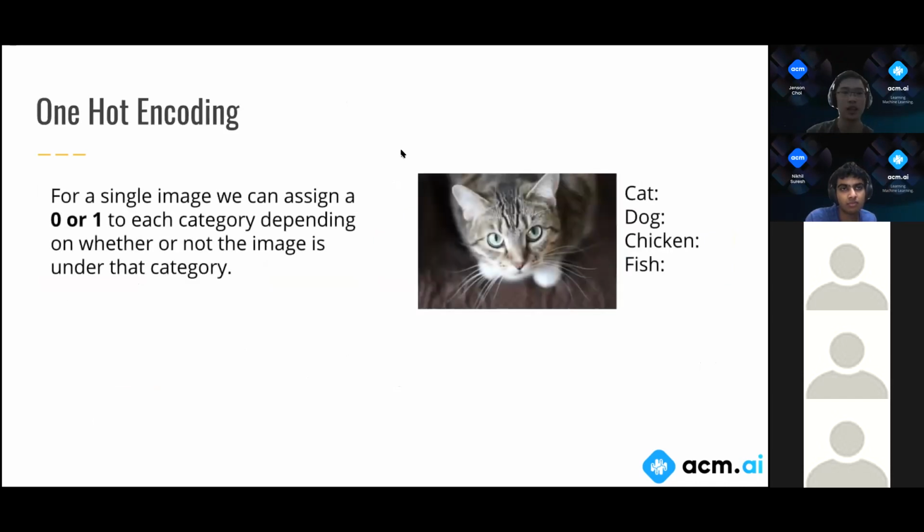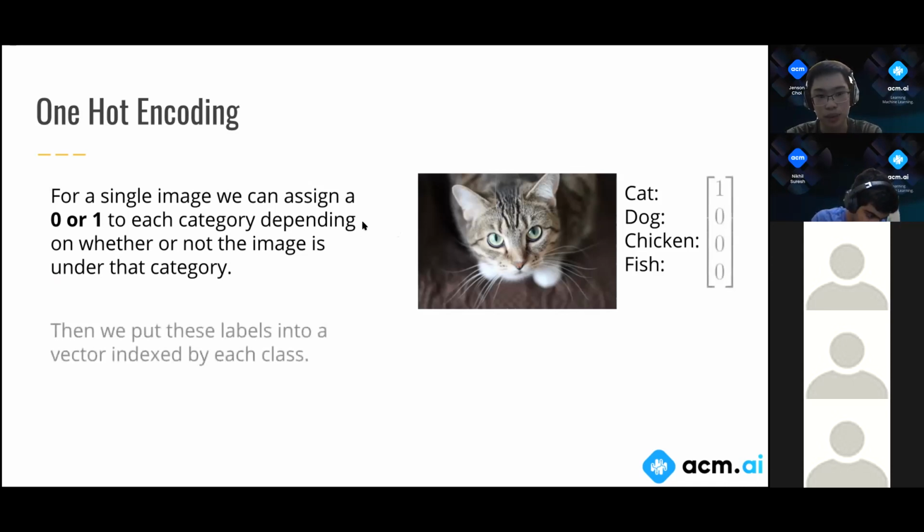Another way to label our data is by assigning a 0 or 1 for each category, depending on whether the image is under that category. For example, if we have a cat, and we assume the first number in this vector corresponds to whether this is a cat, then we label it as a 1, and the rest are just going to be zeros.